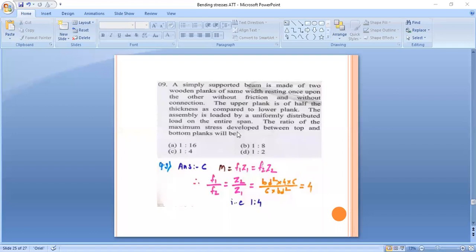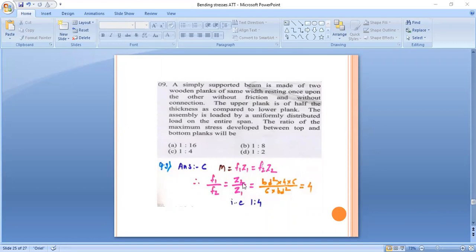The ratio of the maximum stress developed between the top and bottom plank will be? So we have to find out the maximum stress at top and the maximum stress at bottom, and finally calculate the ratio between them. One equation you know is M equal to F1 Z1, that is strength in material 1 into section modulus of material 1, which is equal to strength in material 2 into section modulus of material 2.